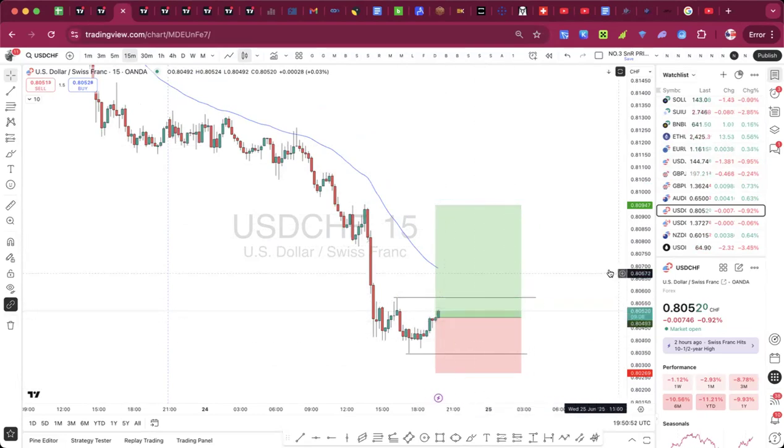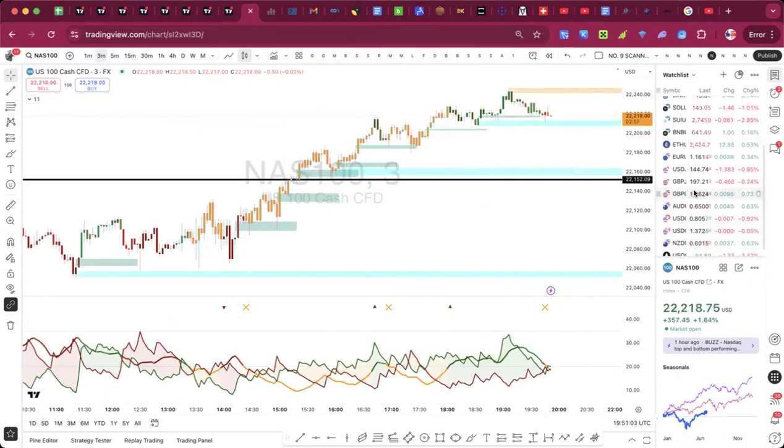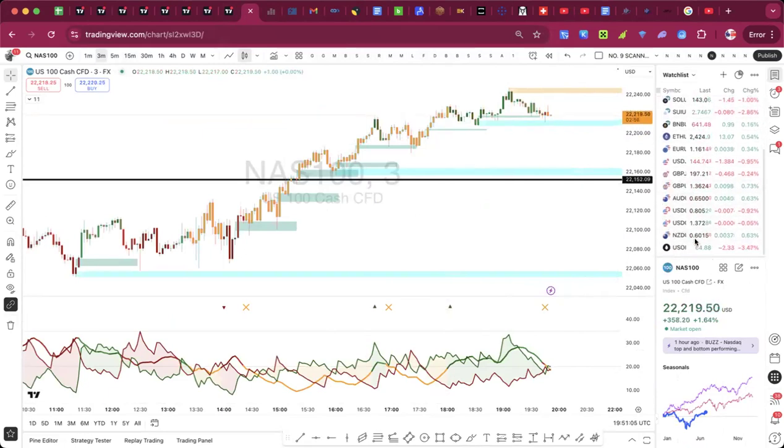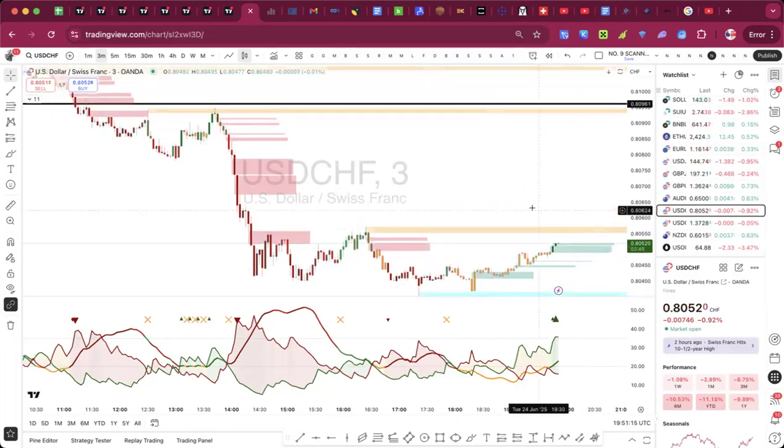So USD Chef, you can see I told you that my scanner already shows that one can go on with USD Chef, but it lacks reasonable volume. For people who are following, that's why I say when you're scalping, you take one instrument at a time.